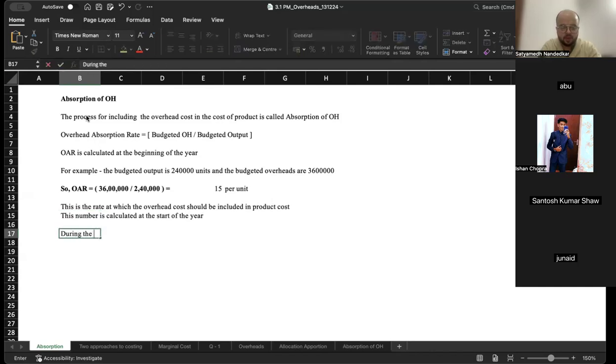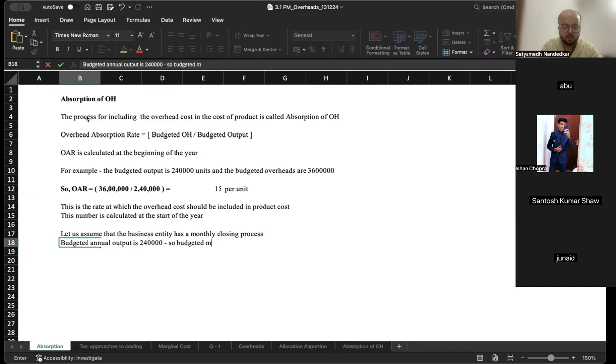Now let us assume that the business entity has a monthly closing process, and the budgeted annual output is 2,40,000.